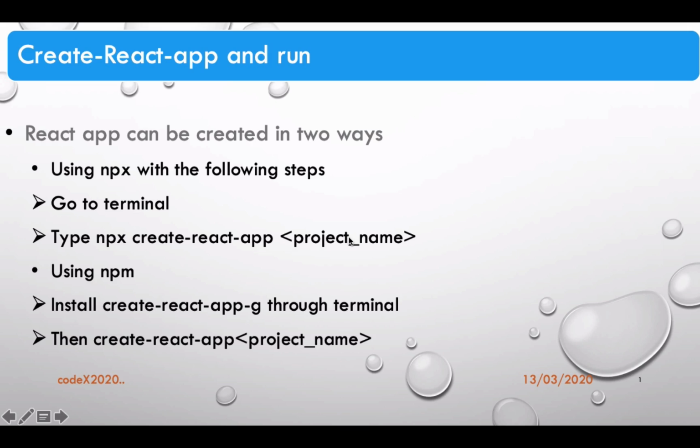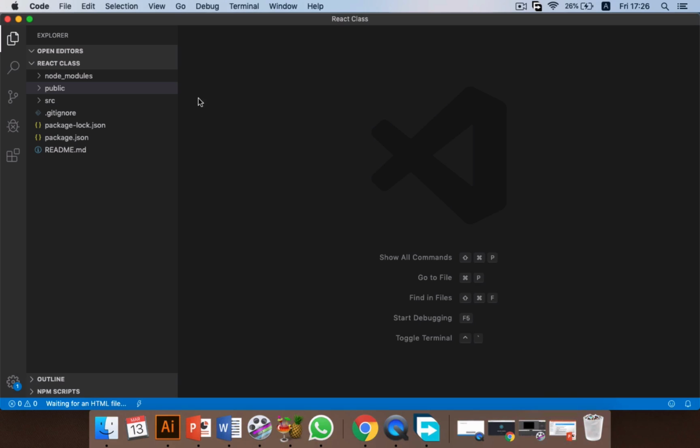Now, I have one trick I need to teach you. What is that trick? I created my React application and named it inside a React class folder. How did I do it? The first thing, I created a folder on the desktop and named it React class. Then I opened this folder using my VS Code.